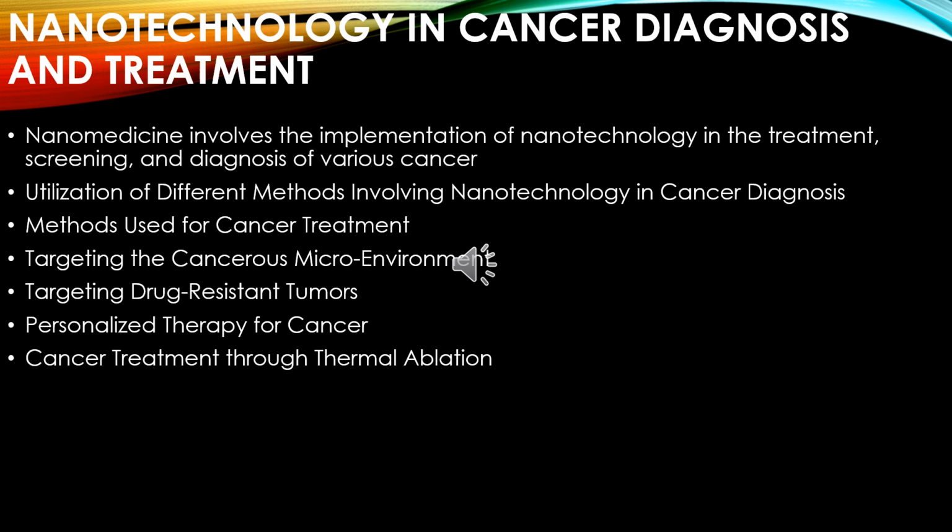When we speak about diagnosis, there are obstacles in early detection of various types of cancer. These can be expected to be solved by using nanosystems like nanotubes, nanocantilevers, nanoparticle-based probes, and nanowire arrays. These nanosystems will help in the diagnosis of cancer at an early stage.